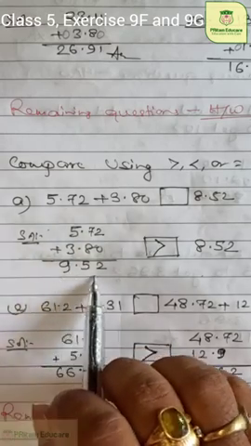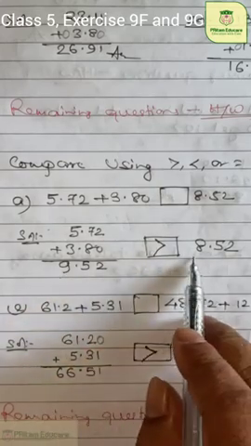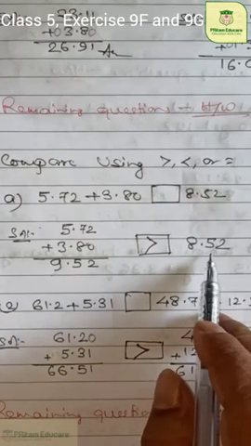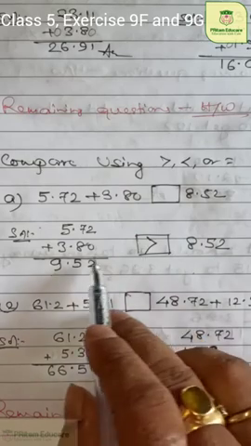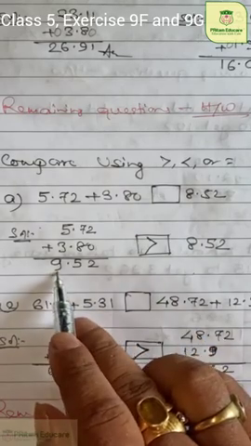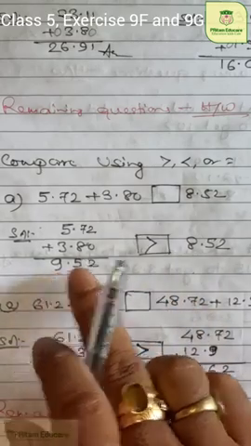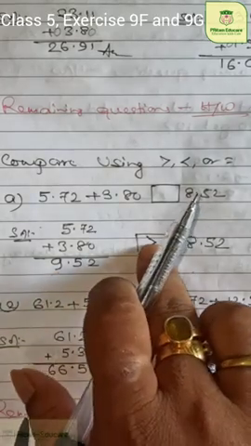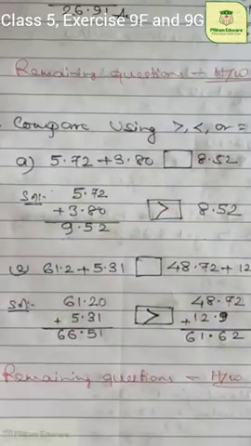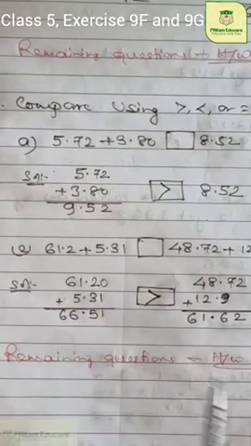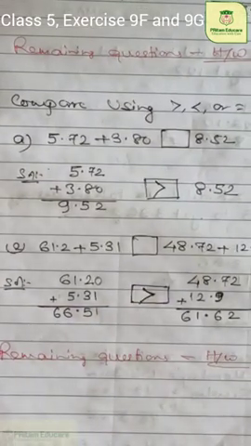So here we have 9.52, here we have 8.52. I have already shown you earlier that on comparing, first you have to start with the first digit. Here first digit is 9, here first digit 8. So naturally this one is bigger, so greater than sign will be used. So E number is also done the same way, and the remaining questions will be homework for you. Thank you.